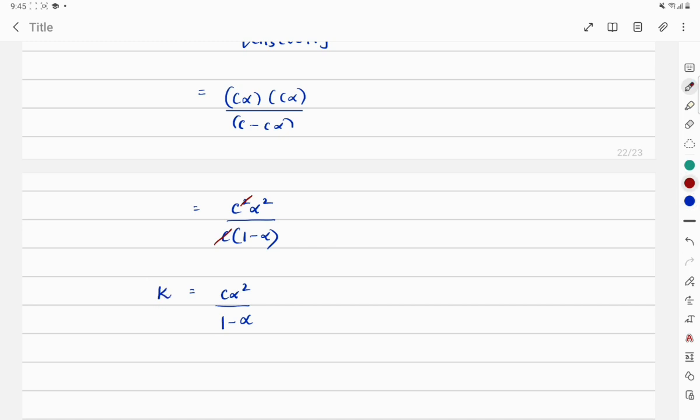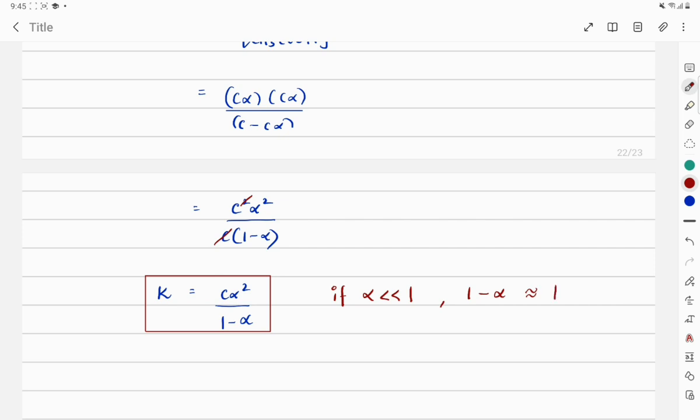This is one equation. Now alpha is the degree of dissociation. It is usually a very small value. In cases when alpha is very much less than 1, we can consider 1 minus alpha to be approximately equal to 1.